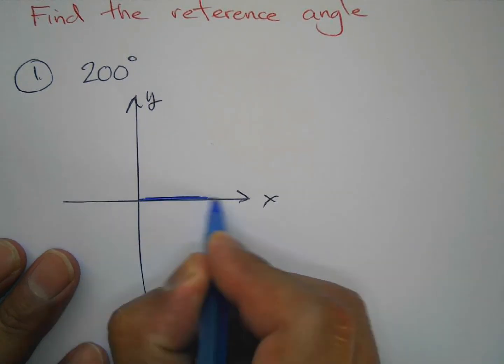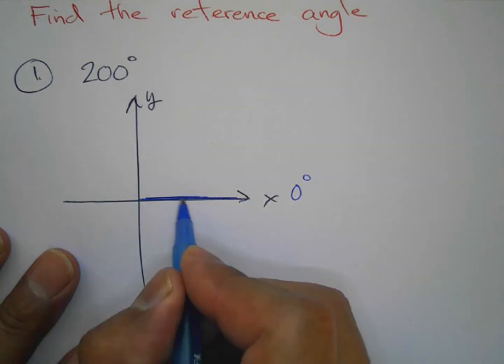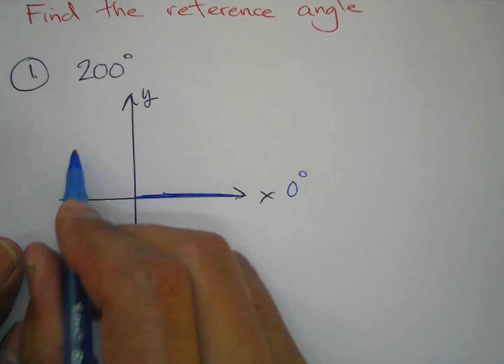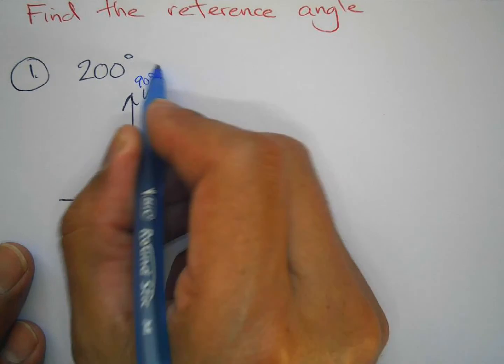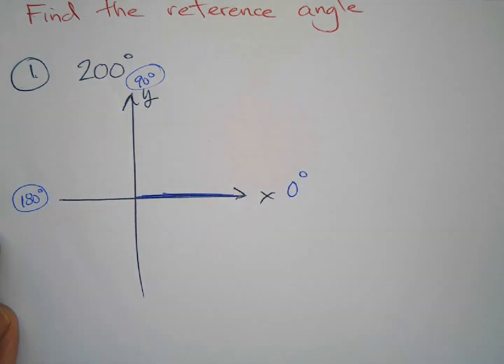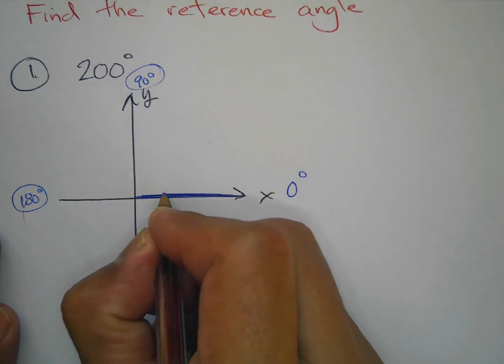All angles in standard position start here at 0 degrees, with the positive side of the x-axis. And I know all of these are 90 degrees each quadrant, so 0, and this will make this one 90, and this will make this one 180. So I'm already here, and I gotta go more, right? I gotta go up to 200.